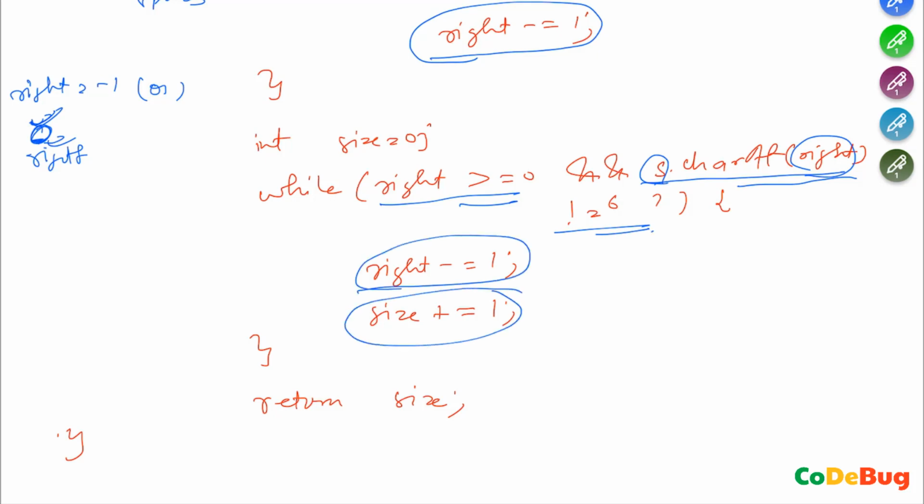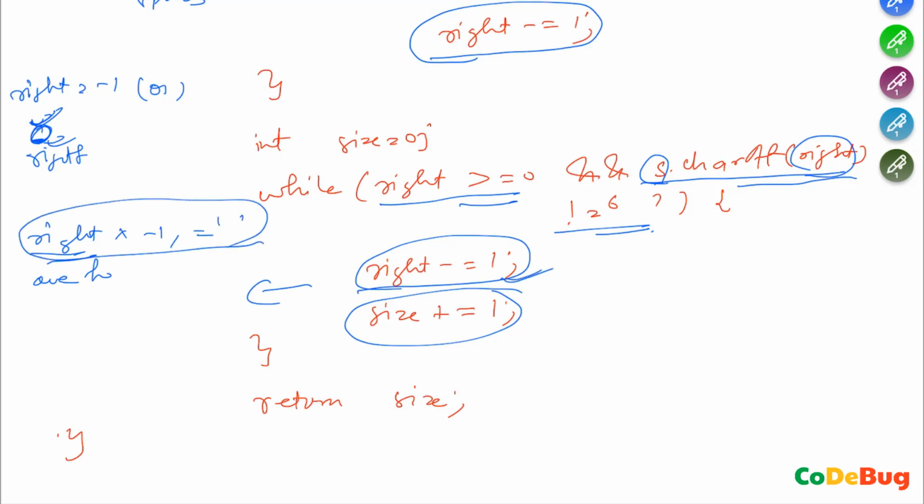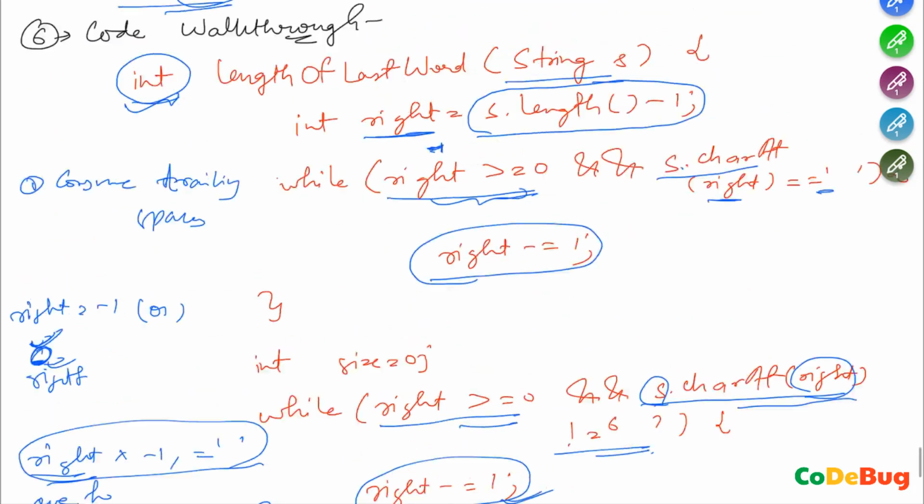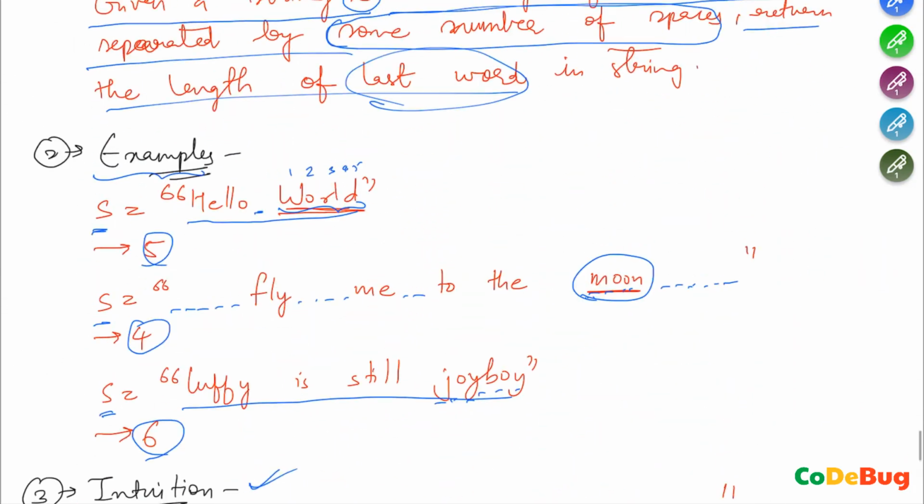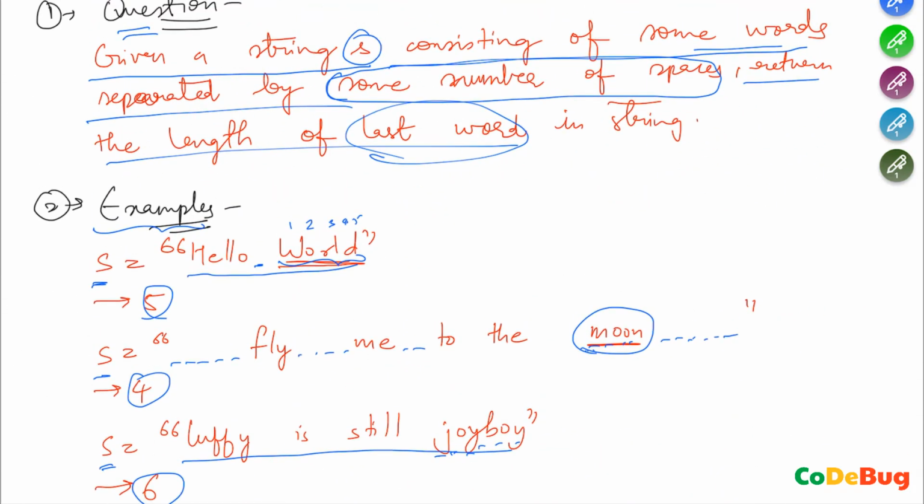We keep doing this until right becomes -1 and we have exhausted the string, or the character at S is a space. In these cases we keep reducing right by 1 and increasing size by 1. This gives us the length of the last word in the string S. So this concludes our algorithm for the question Length of Last Word. Thank you.